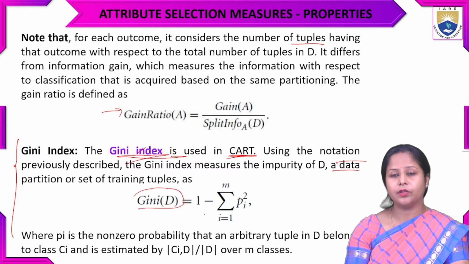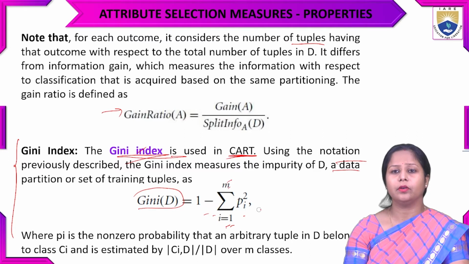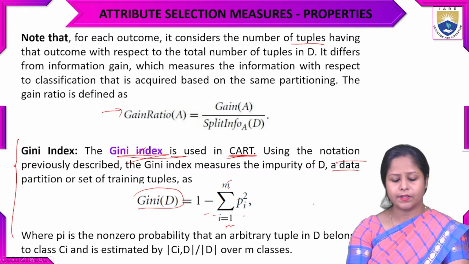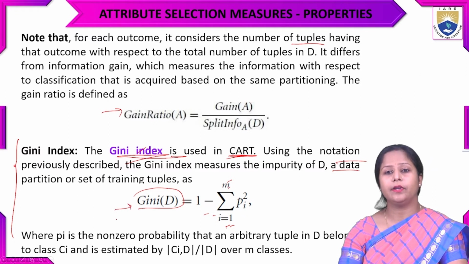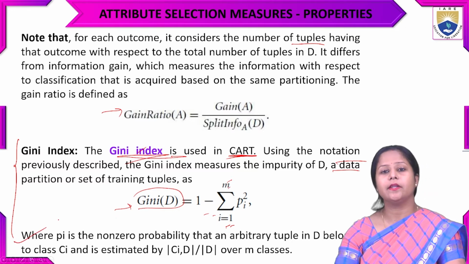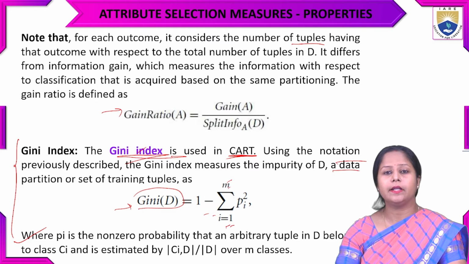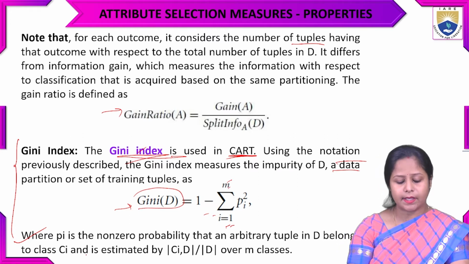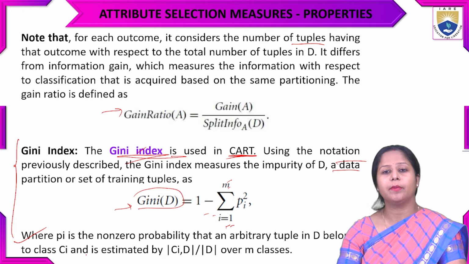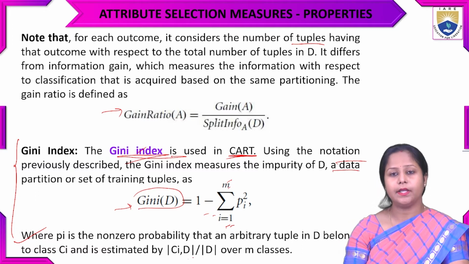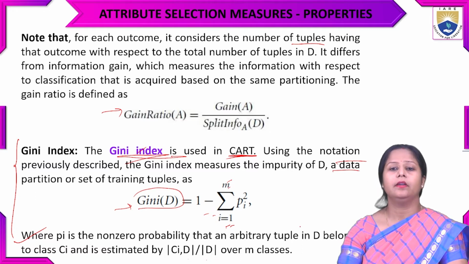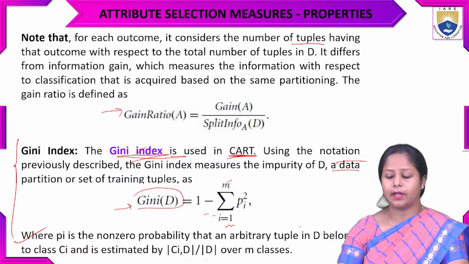Gini of D is equal to 1 minus summation of i equal to 1 to m of pi whole square. So this is the formula to compute the Gini of D, where pi is the non-zero probability that an arbitrary tuple in D belongs to the class Ci, and that is estimated by mod of Ci,D divided by mod of D, over m classes.